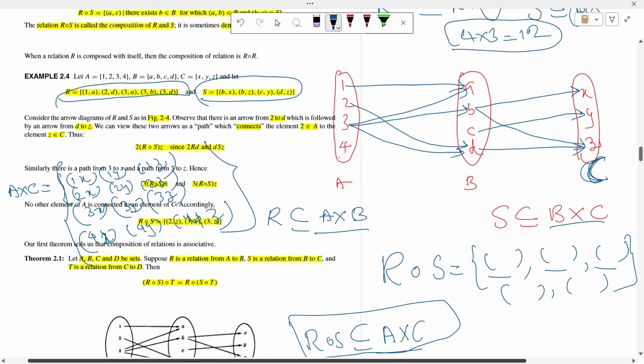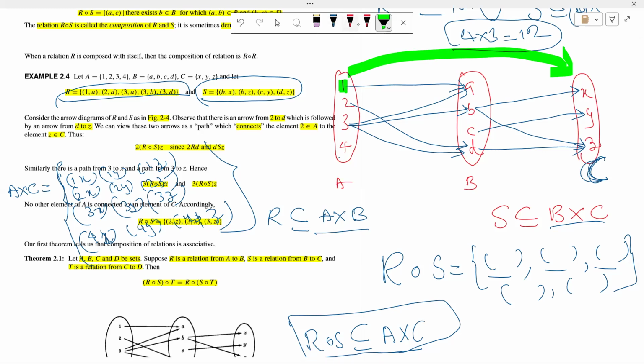How can you find only the suitable ordered pairs? For that, first you need to take the first element in A. The first element is 1, an element from A. Now we need to find out whether there is any possibility to move from an element of set A to C. If there is a possibility, then that is considered as one pair of this relation, right?